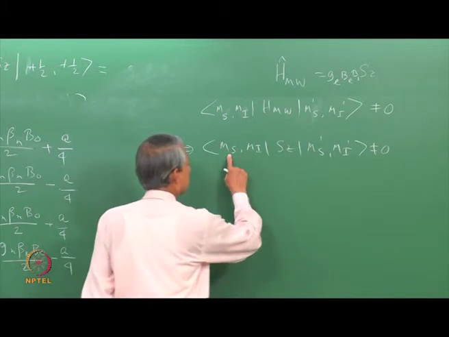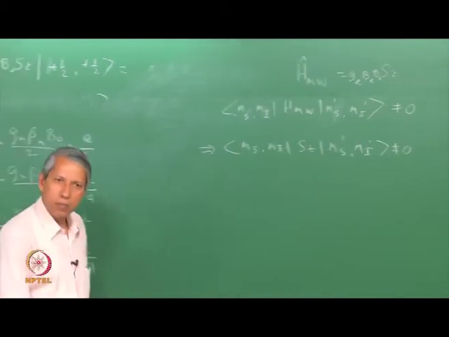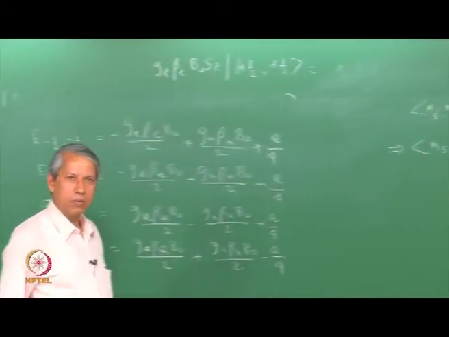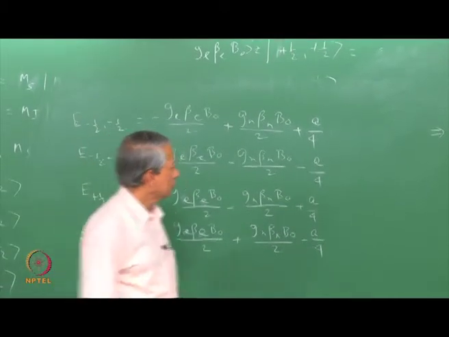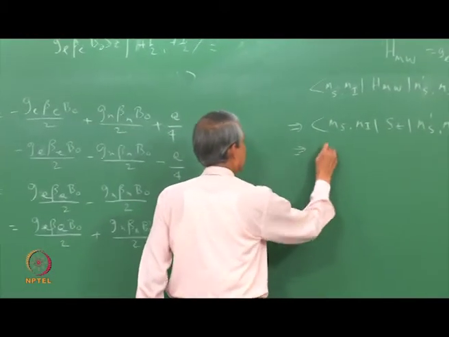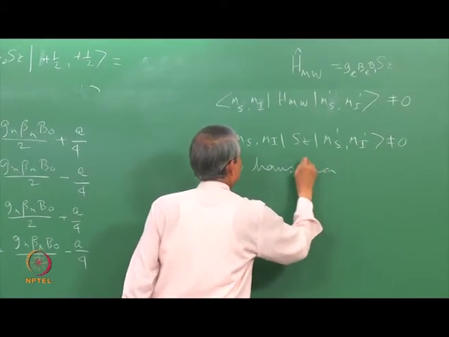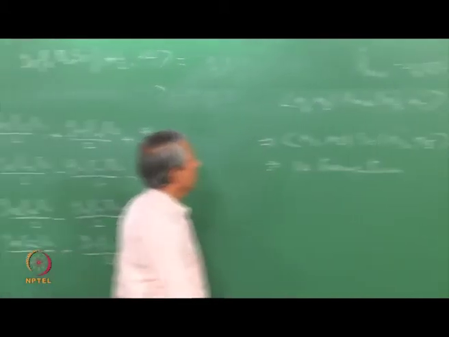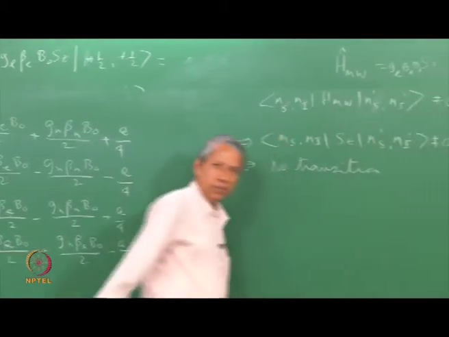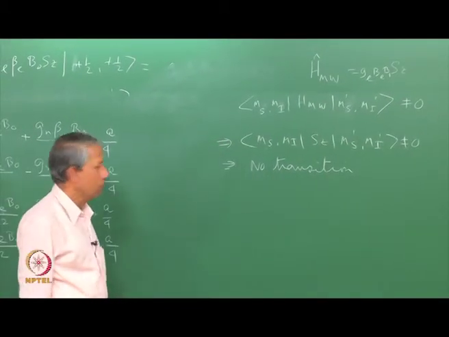That means plus half remains plus half, minus half remains minus half. So, that means no transition. The microwave magnetic field applied along the z direction does not cause any transition.